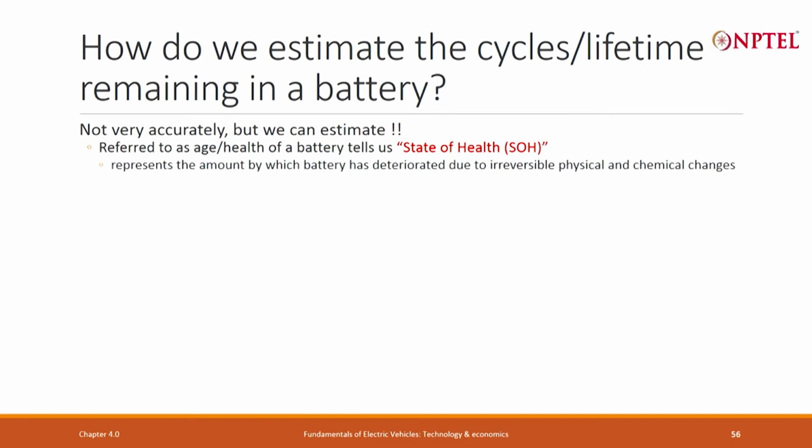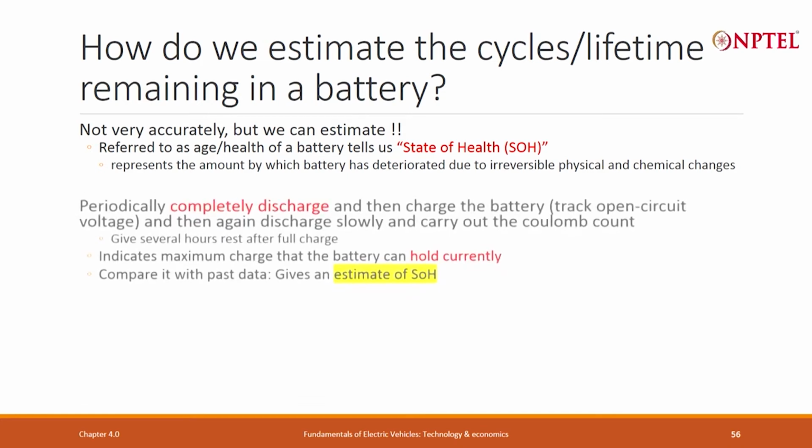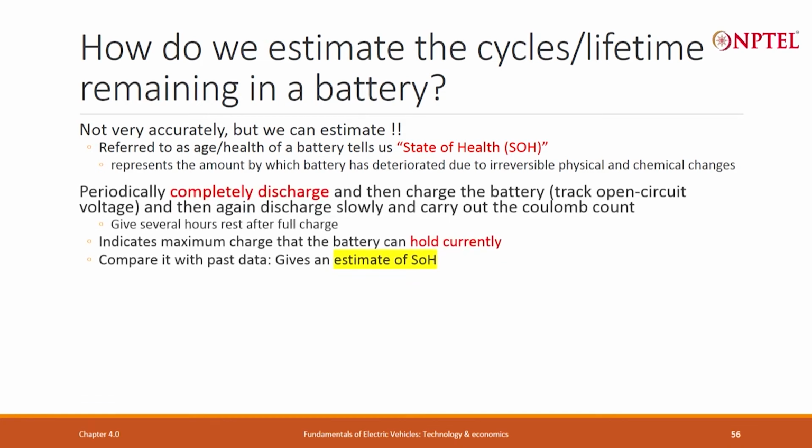So, how do you estimate the cycle lifetime remaining in a battery? That is what is referred to as state of health. How do you estimate that correctly? Well, the best way is to take a battery, completely discharge it, and discharge it at a very low current, in the end at least.